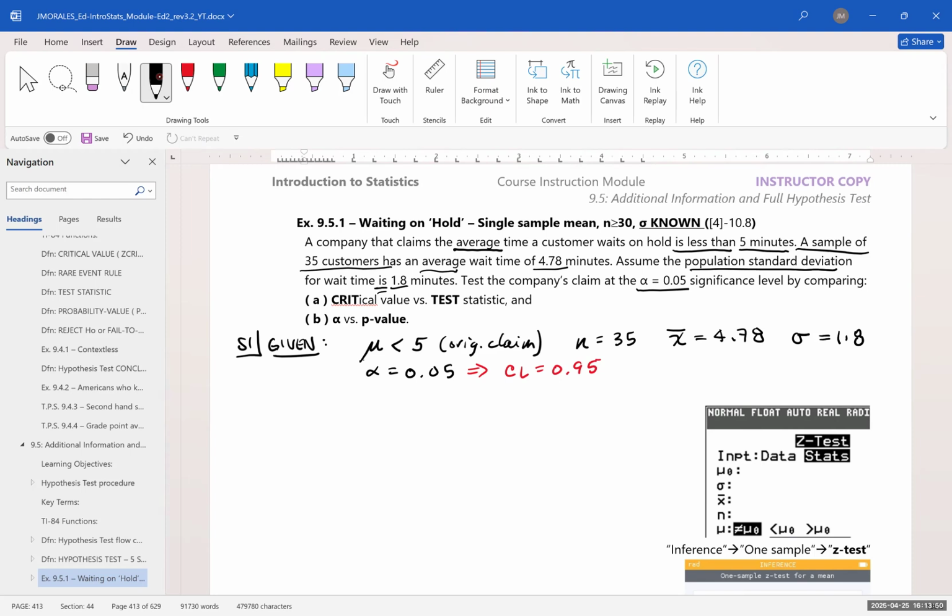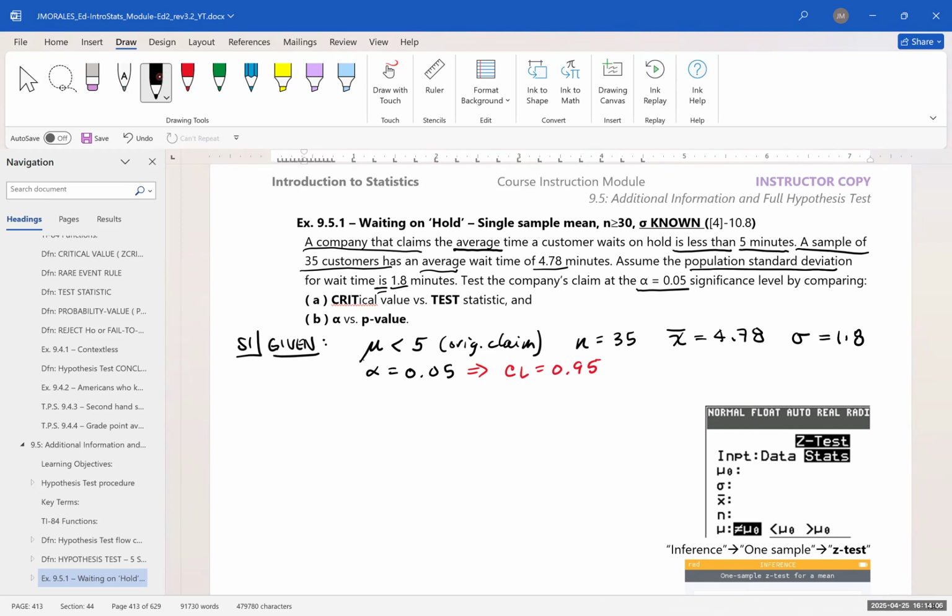All right. So we want to test this company's claim that the average time a customer waits on hold is less than 5 minutes. Let's just put it that way.